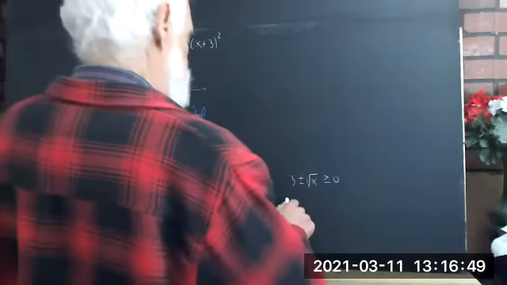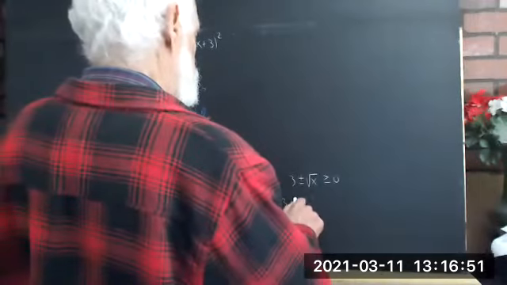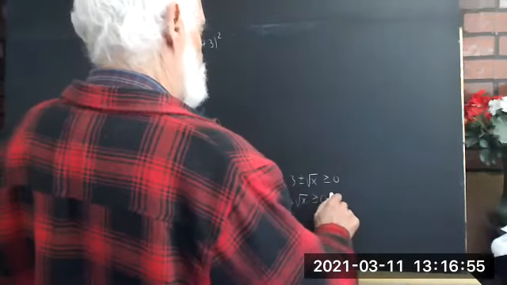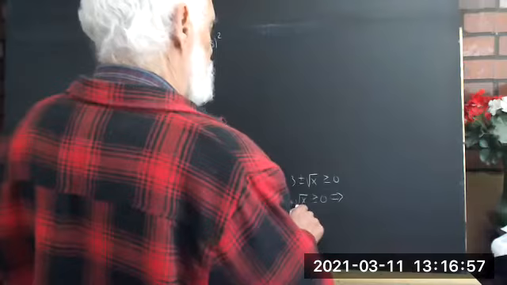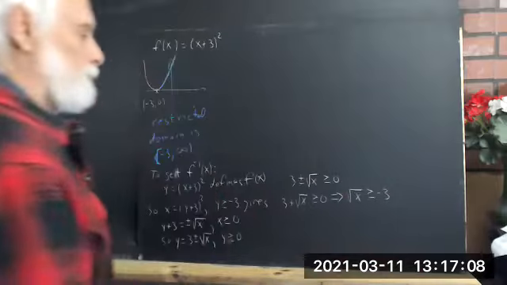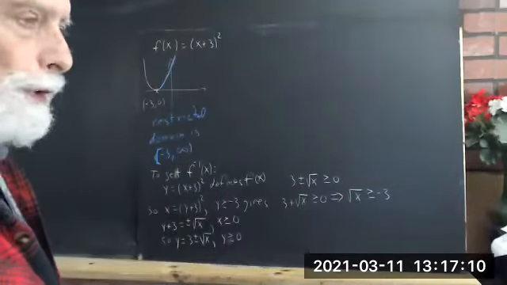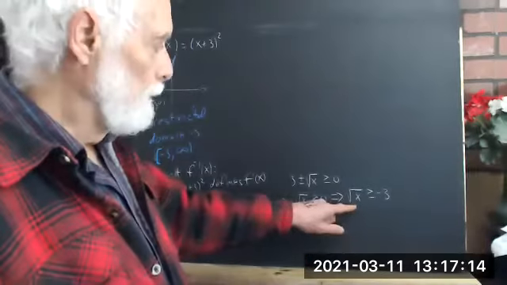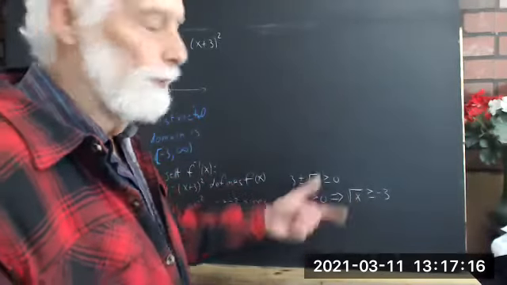If 3 plus the square root of x is greater than or equal to 0, then the square root of x is greater than or equal to -3, but it always is, because the square root of x is greater than 0.